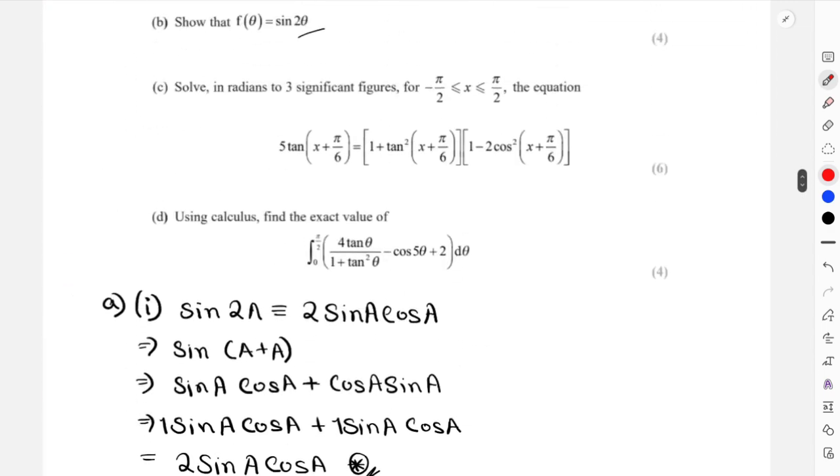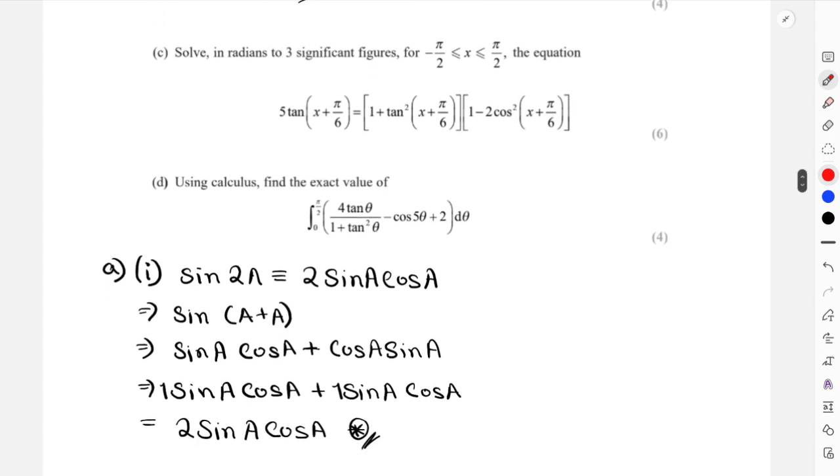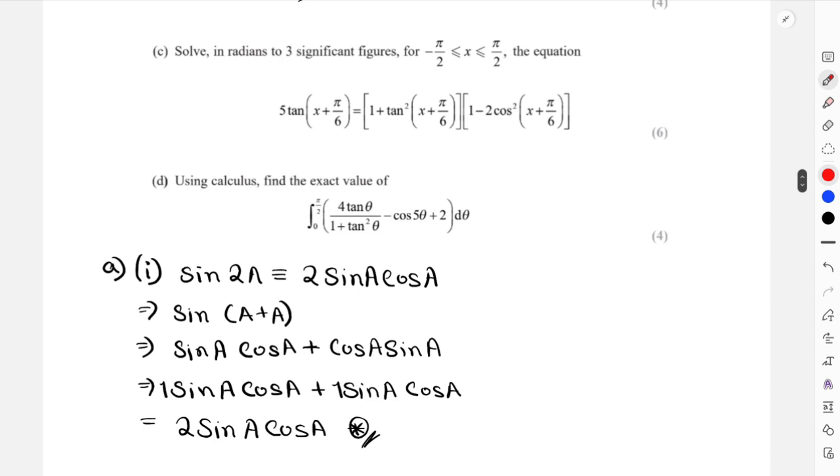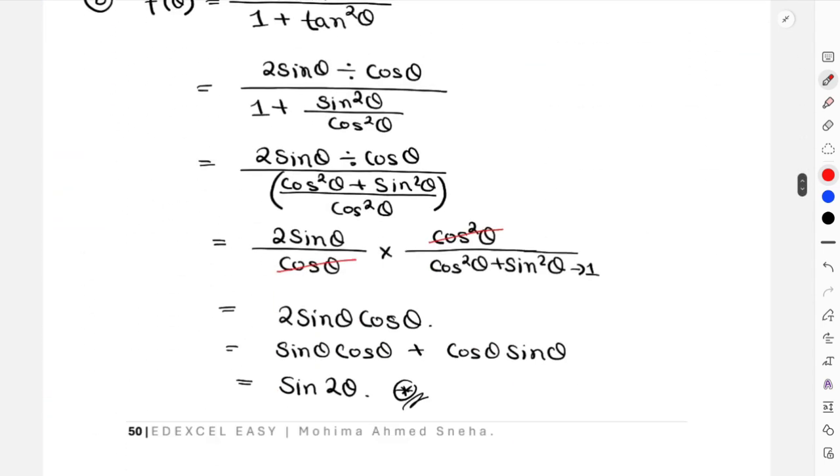Yeah, 2 cos square A minus 1, that was the value. Now we cannot actually find anything similar over here. 2 cos square theta. Okay, let's just start doing this.